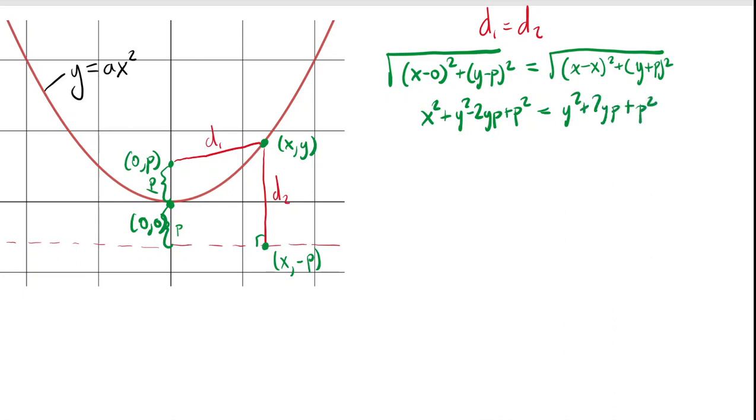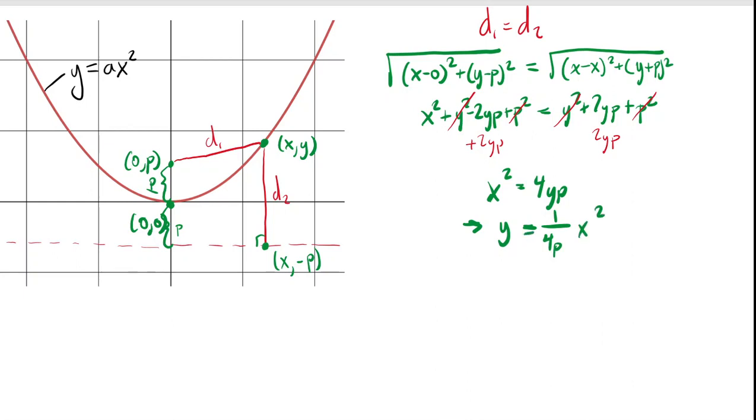We can cancel out the p squareds by subtracting p squared from both sides, subtract y squared from both sides, and add 2yp to both sides, and then we have x squared is equal to 4yp. If we solve this for y, we get that y is equal to 1 divided by 4p times x squared.